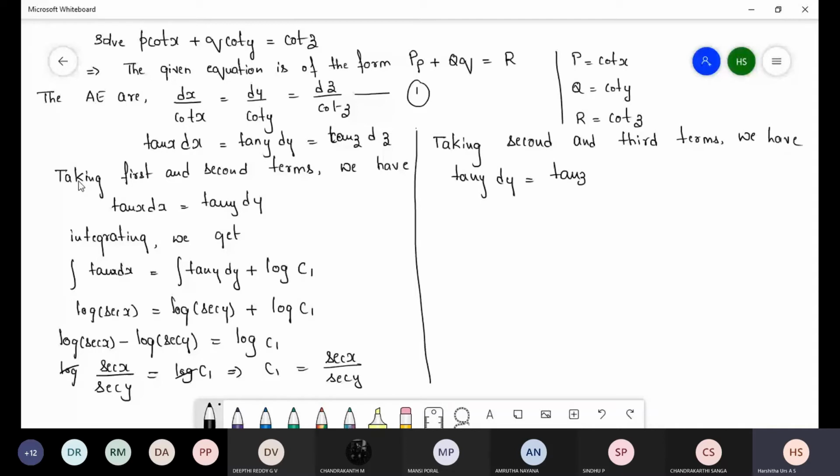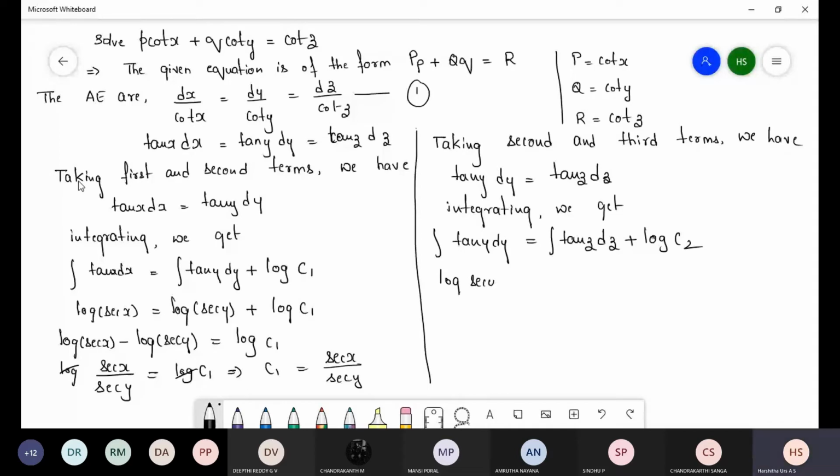Integrating, we get integration of tan y into dy is equal to integration of tan z into dz plus log of C2. Again, integration of tan y is log of secant y, that is equal to integration of tan z which is log of secant z plus log C2.